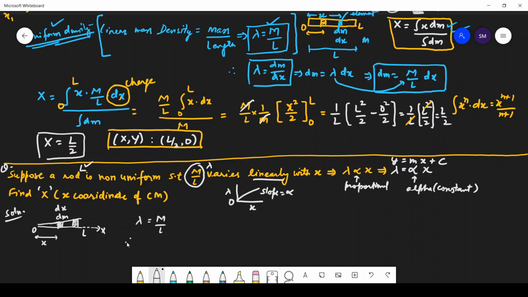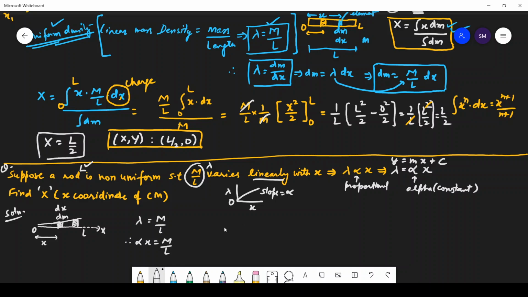Here lambda equals alpha into x, that equals m upon L, right? This is what will change.